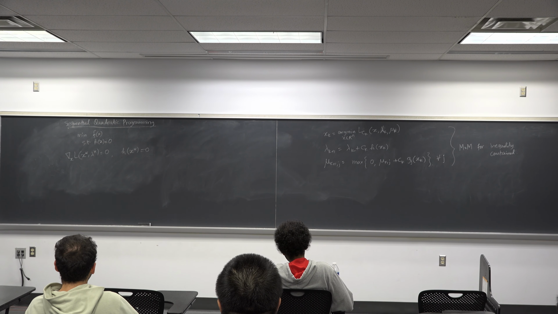What should I do? How can I come up with an optimization problem that if I solve, I converge to a point where x star and lambda star satisfies this condition? So let me come up with a naive solution. I'm going to define a penalty function as a function of x and lambda, which is norm of gradient of Lagrangian squared plus norm of h of x squared.